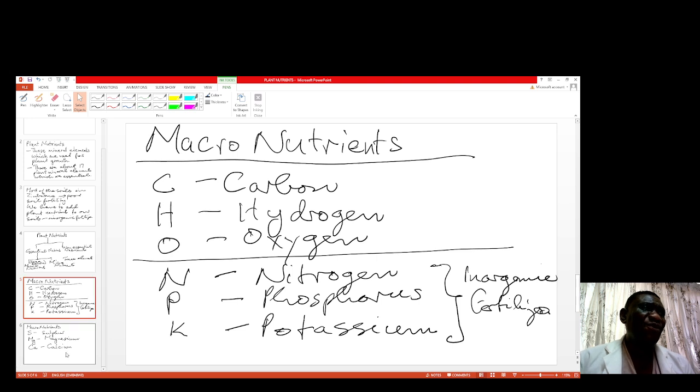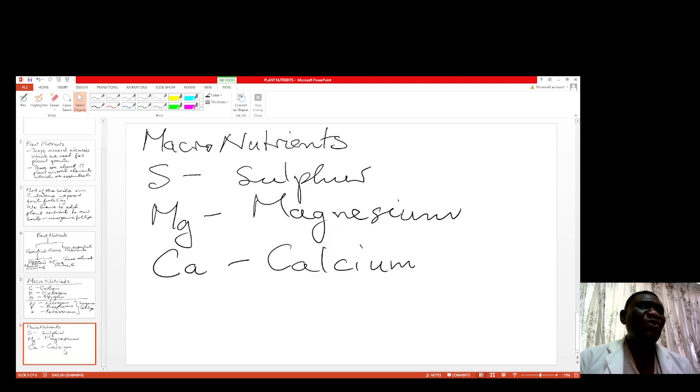Then we move on to the other group, which is sulfur, magnesium, and calcium. So we have got about 9. I hope I'm correct here.